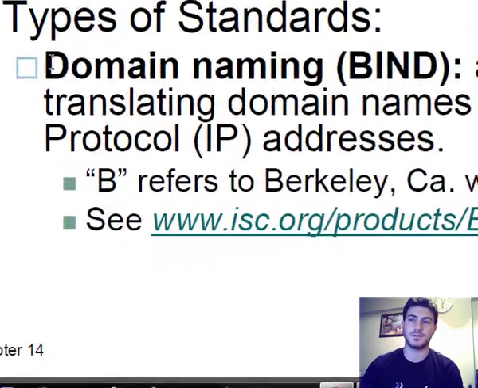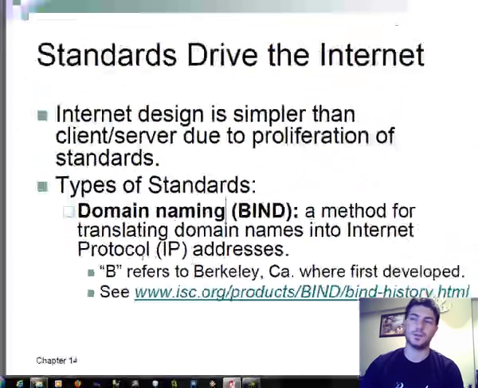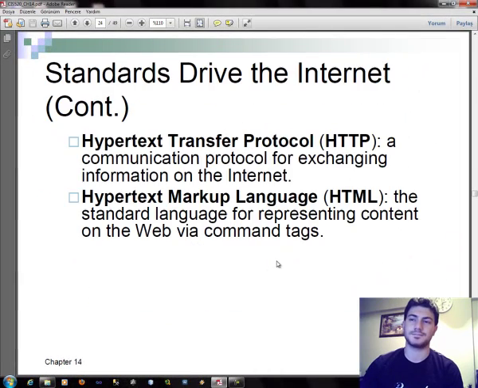Types of standards. First, domain naming: a method for translating domain names in the Internet Protocol, which means IP addresses. Hypertext Transfer Protocol, HTTP: a communication protocol for exchanging information on the internet.